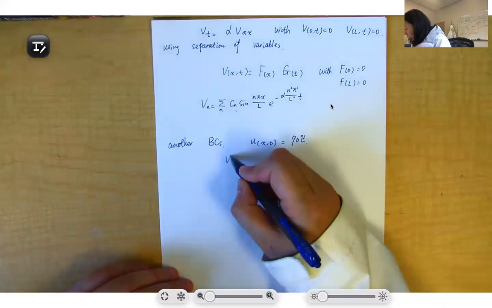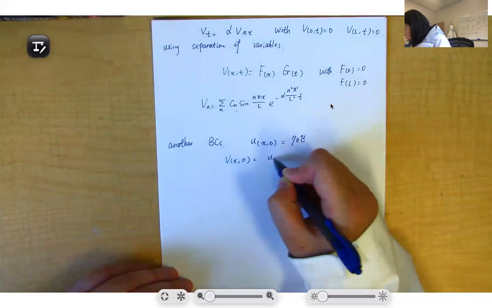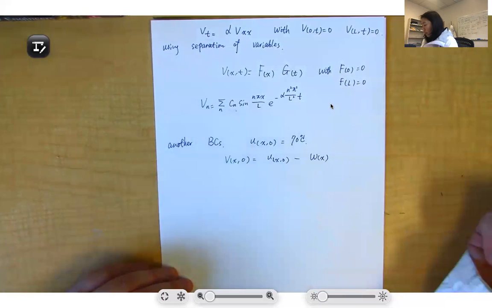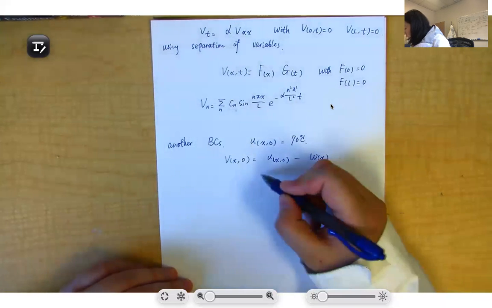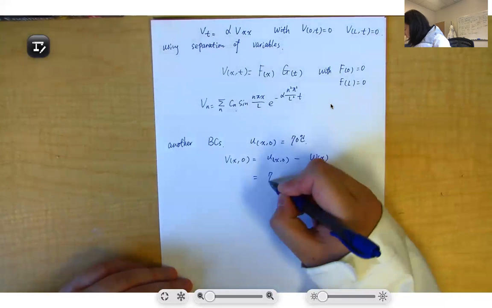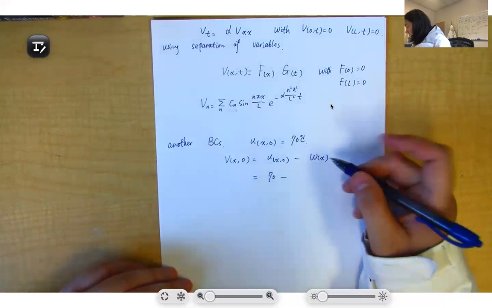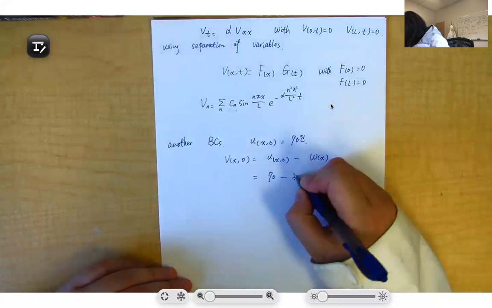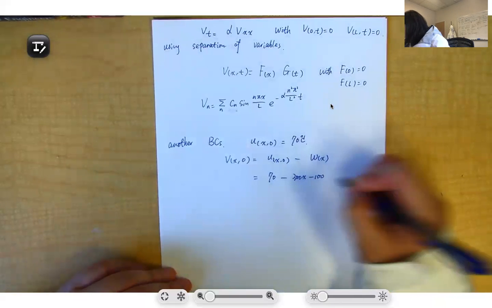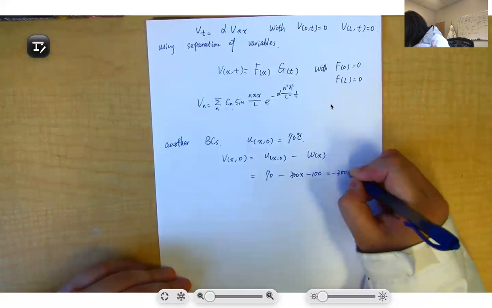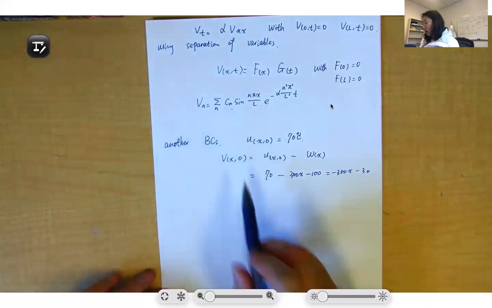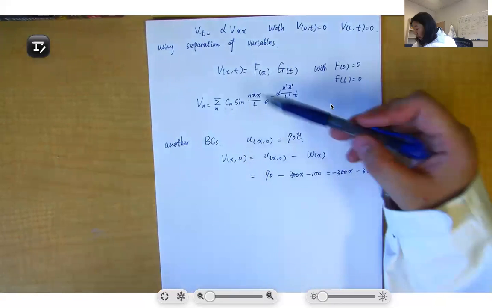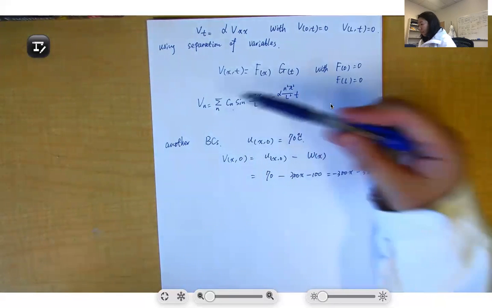At the initial time, the temperature distribution of the rod is 70 degrees Celsius. And we know that V(x,0) will be equal to U(x,0) minus W(x), right? And U(x,0) is 70, minus W(x), our steady state temperature distribution, which is 300x plus 100. So V(x,0) is minus 300x minus 30. That is the only condition we haven't used so far to solve for the coefficient Cn.